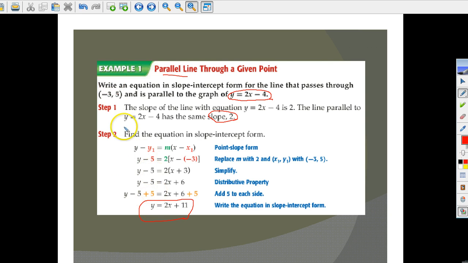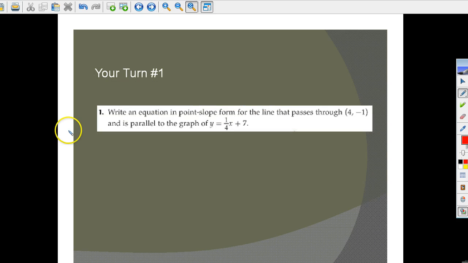Now we did all this because going back to the direction, it says write an equation in slope-intercept form. So we did all that because the direction tells us to do it in slope-intercept form. Next, we're going to do your turn number 1. Write an equation in point slope form for the line that passes through (4, -1) and is parallel to the graph y = 1/4 x + 7.